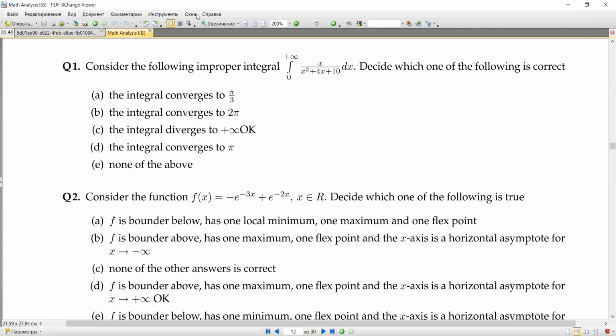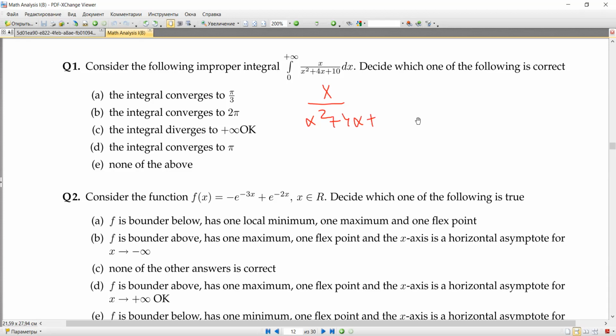Am I right, Elder? Comparison theorems. So if the bigger one converges, the smaller one also converges. If the smaller one diverges, the bigger one also diverges. Here we need to find a new function. Compare this function, x squared plus 4x plus 10.